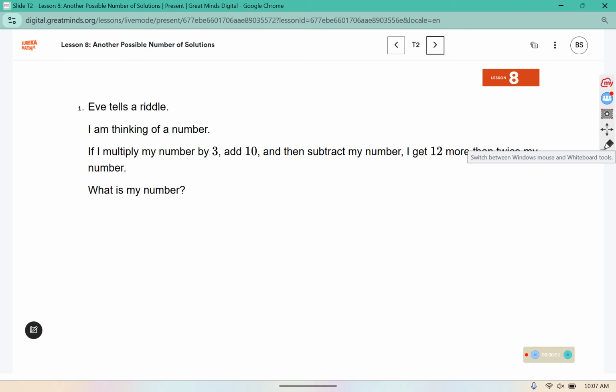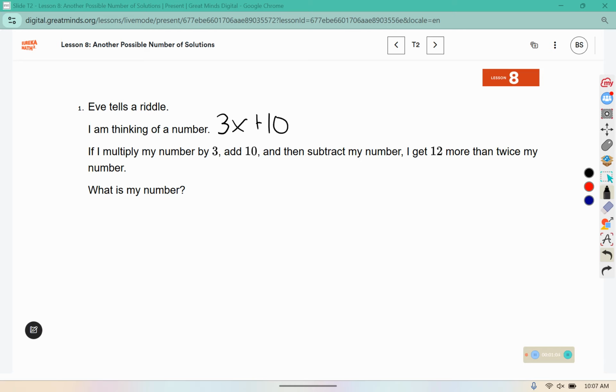Eve tells a riddle. I am thinking of a number. I would write x. If I multiply my number by 3, so 3x, add 10, and then subtract my number, I get 12 more than twice my number.